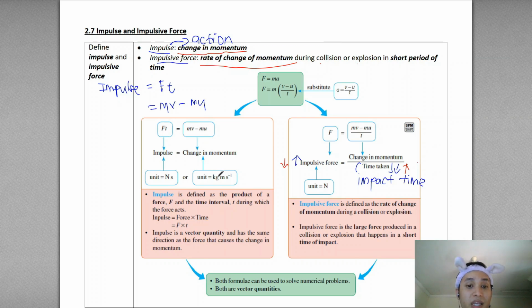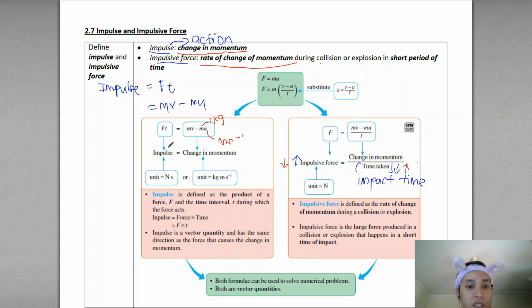Okay, remember that your unit for mass must be in kg. U is your velocity, and the unit must be in meter per second. Alright, if they give you centimeters per second, you need to change to meter per second.